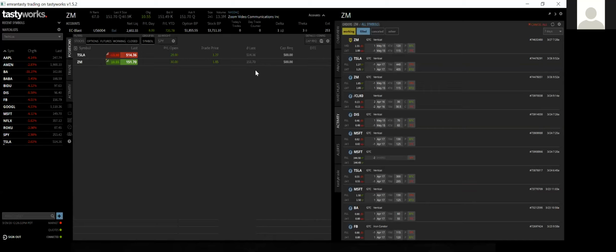That's the maximum you can make, and the maximum loss is the capital required. That capital required is the difference between the two strike prices.